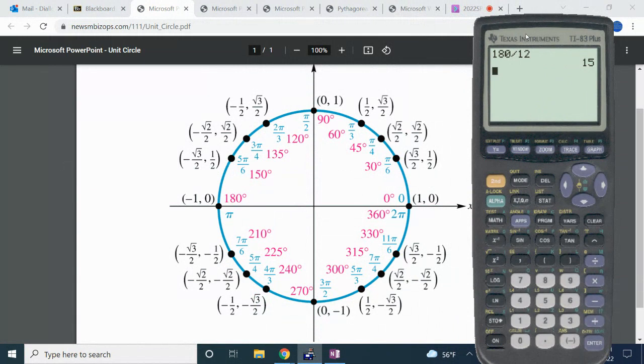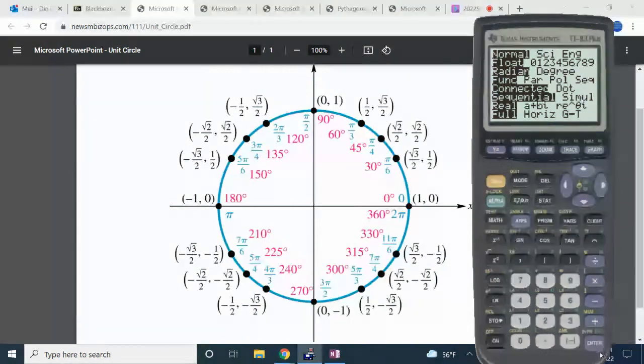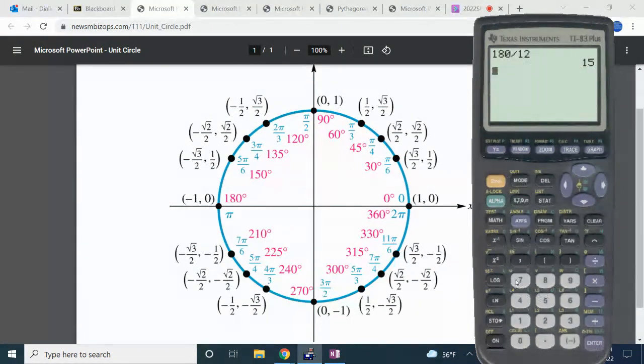So what do we do from this point? Well, if I were to put the cosine of 15 degrees in the calculator, making sure that I'm in degree mode, notice it's not giving me an exact value. It's giving me an approximated value.